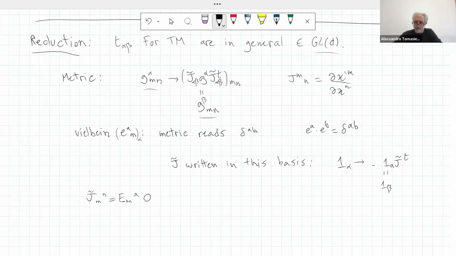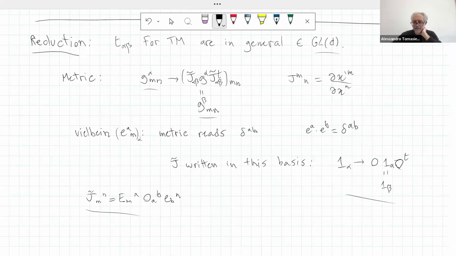Let me call it O. O A B E B N. If you work out the relation between this J tilde and the relation defined in terms of the vielbein, you will get to this transformation law.